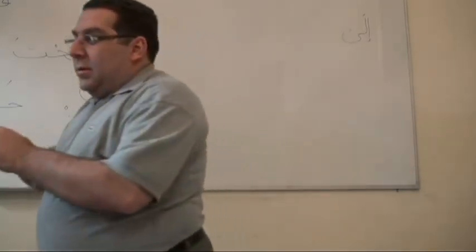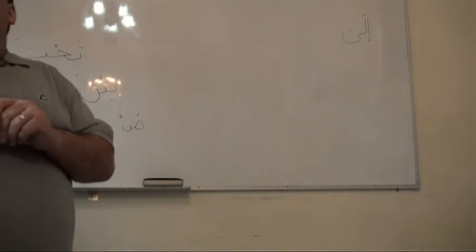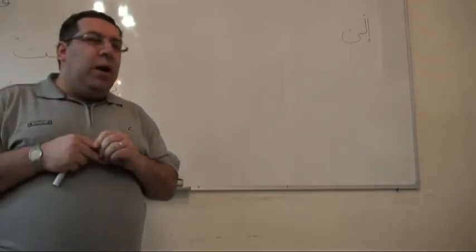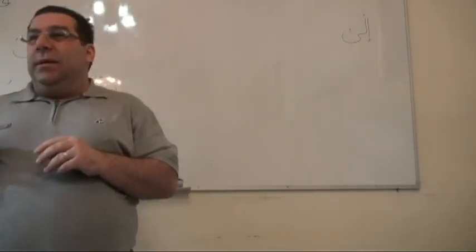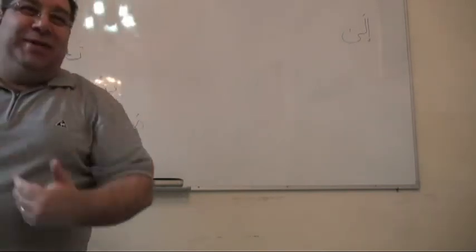I have a question. Yes? When I write the small aleph, can I also write the sukun, or I have to choose between the two? Okay, actually the sukoon over alif or ya or waw is not important. But I write it here because you are still learning.